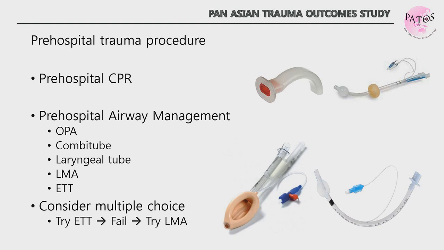And if EMS providers performed airway management during pre-hospital care, then we need to know about the mode or methods of airway management. Examples would include OPA, combi tube, laryngeal tube, LMA, and ETT. If it was difficult to perform successful airway management, EMS providers may have tried more than one method.